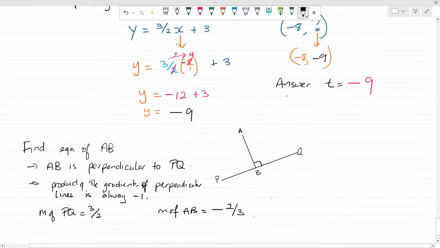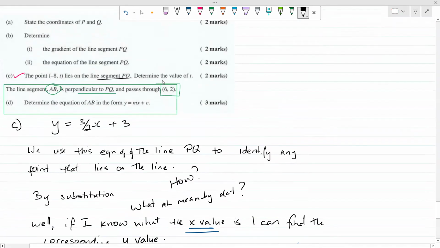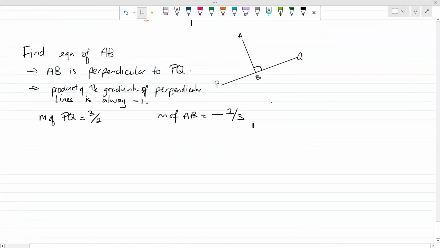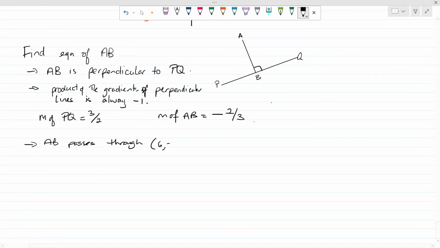Now, they also give us a valuable piece of information. They say that the line AB passes through 6 and 2.